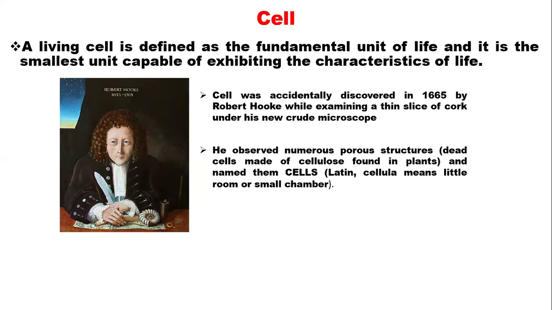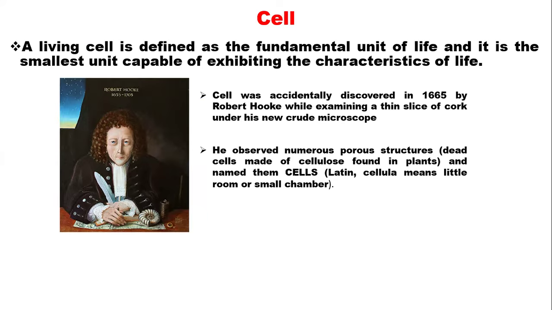The cell was accidentally discovered in 1665 by Robert Hooke while he was examining a thin slice of cork under his microscope. You remember Robert Hooke? He was the one behind Hooke's law of elasticity.